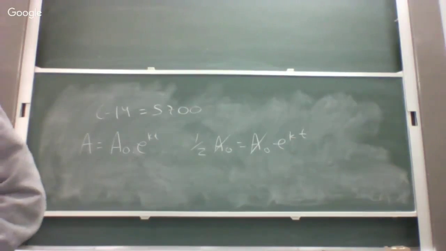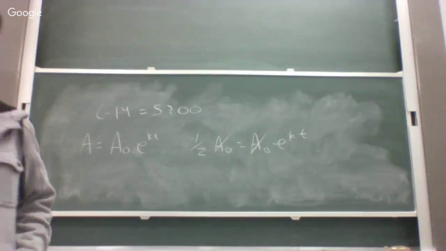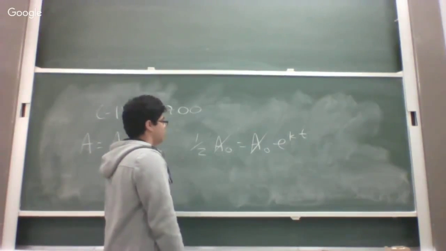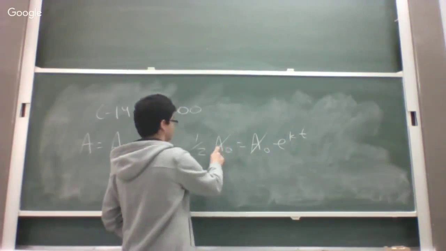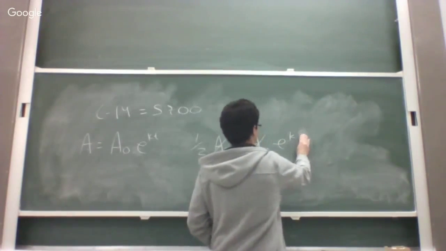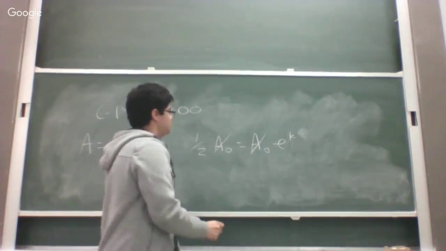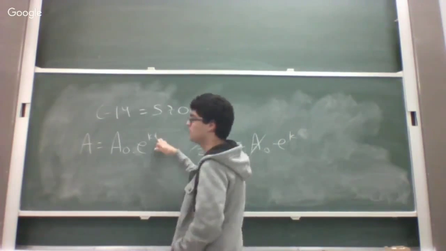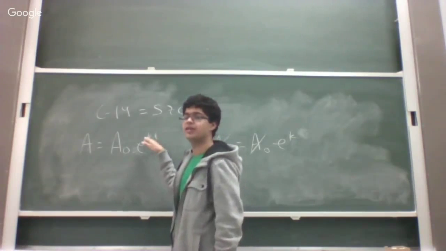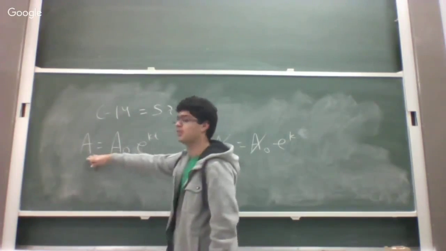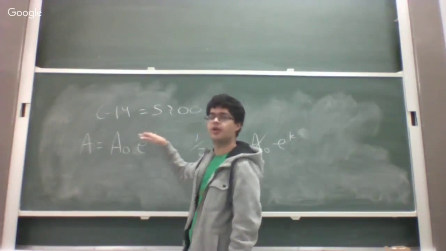What are A and A0? Initial amount. These are initial amounts, and then A is final. A is what you get when you put in a certain time, with your k factor e to the k and the initial amount, that's the final amount after a certain time.